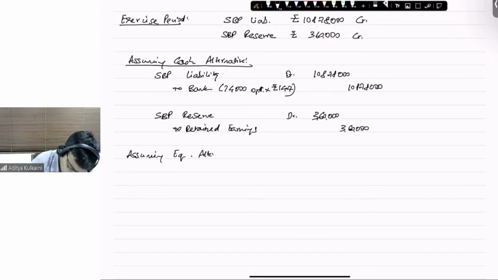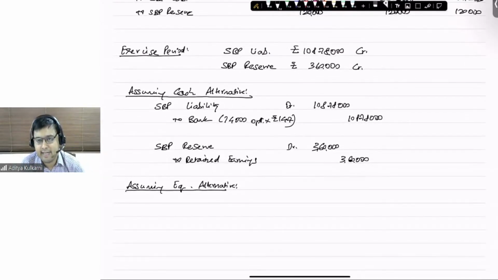Assuming equity alternative is exercised. Sir, वो equity exercise करेगा. That means he is not exercising the liability. That means you are going to get consideration for the equity shares which you issue in the form of a liability that is foregone. Please pay attention. Normally, for equity options being exercised, आपको क्या मिलता था?